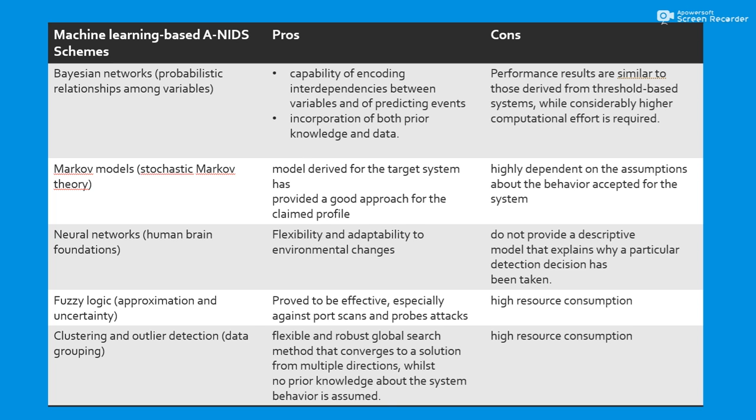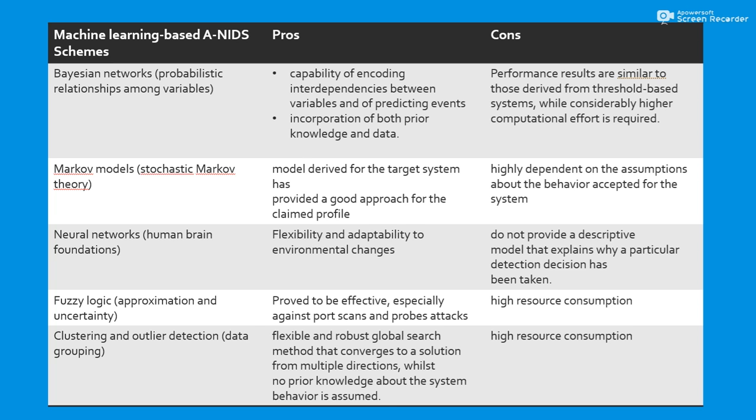Fuzzy techniques are used in anomaly detection mainly because the features to be considered in anomaly detection are also fuzzy variables, and this kind of scheme is considered more effective, especially against port scanning and probe attacks. But the disadvantage of this scheme is that it requires high resource consumption.